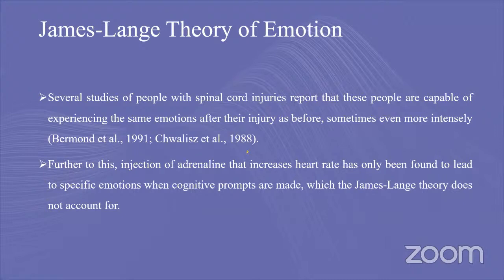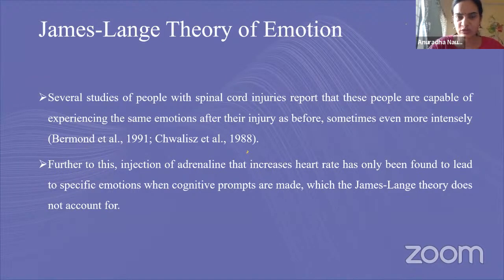Thank you, I got it. Okay, sir. So the basic shortcoming of James Lange theory was that not all people will experience the physiological arousals. That is, the sympathetic nervous system will not be the same in every person, especially people who have spinal cord injuries. But that does not mean that they will not experience emotion.